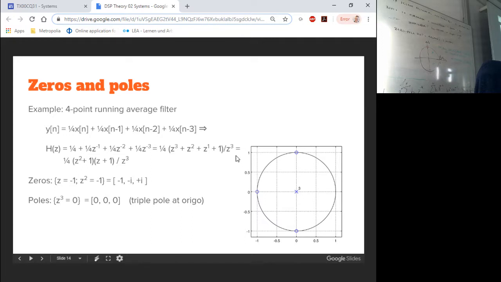Then you have a triple pole at the origin, since you have exactly the number of roots as the polynomial coefficient says. It can be then multiple. That's the one way of showing it.